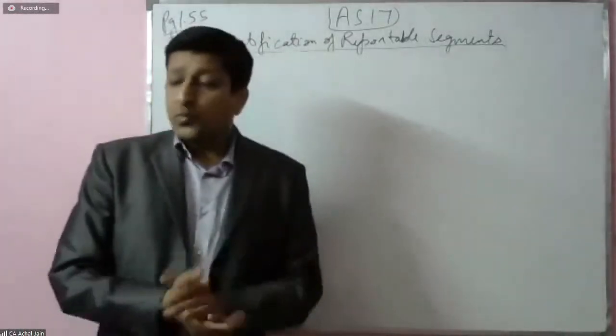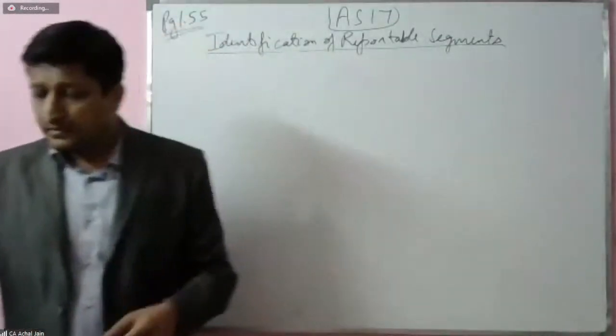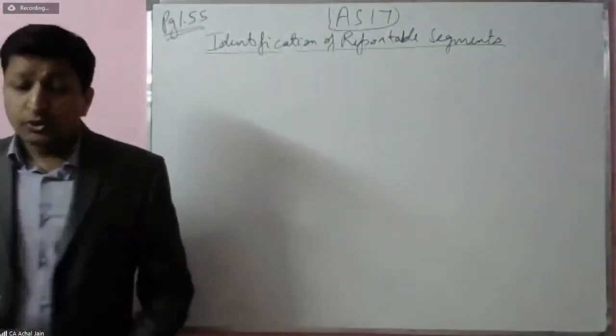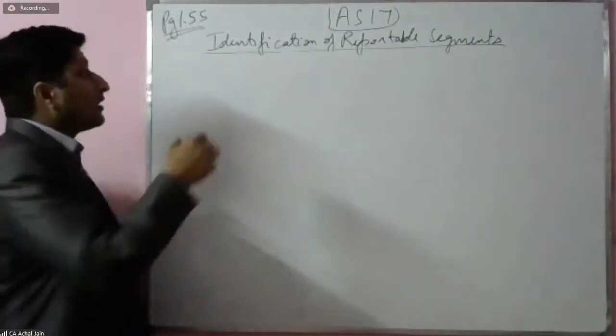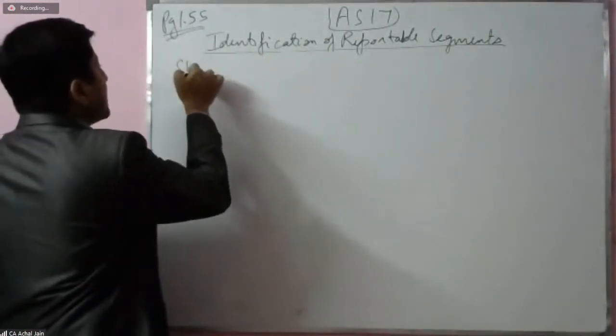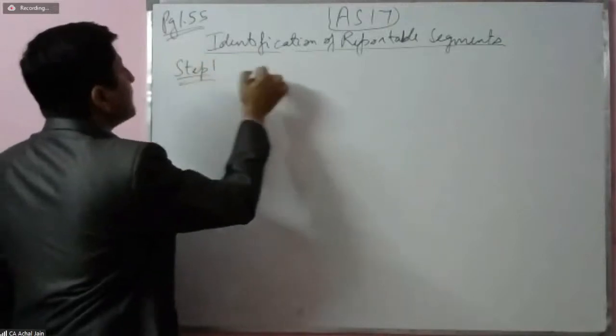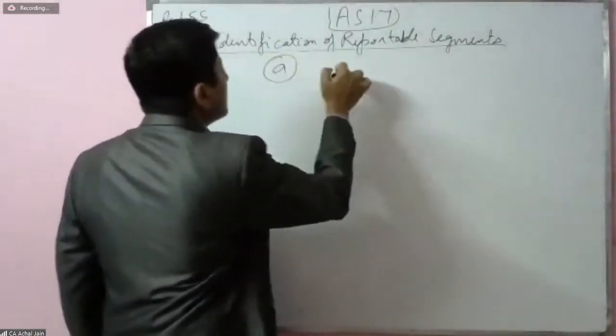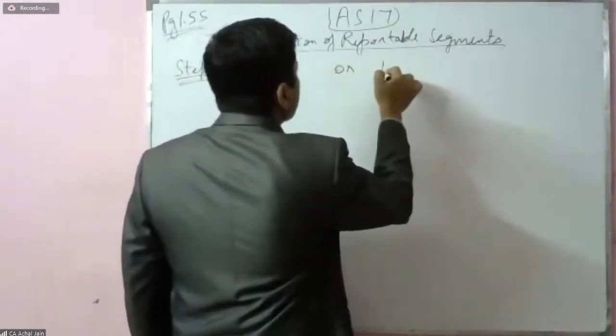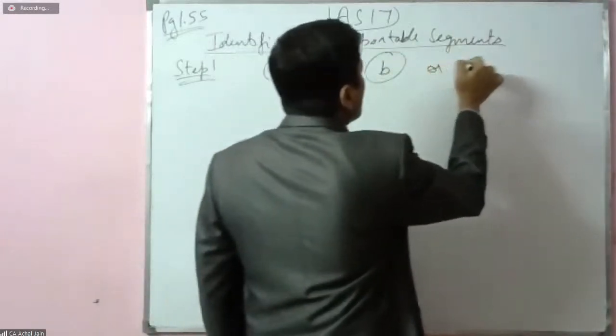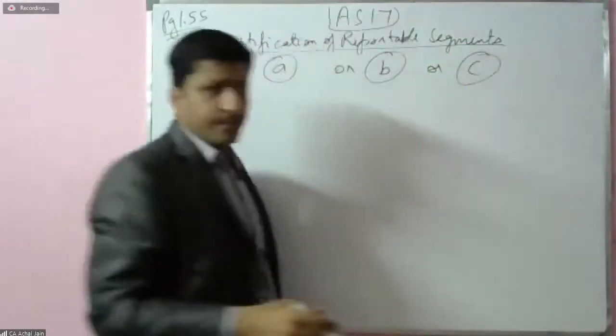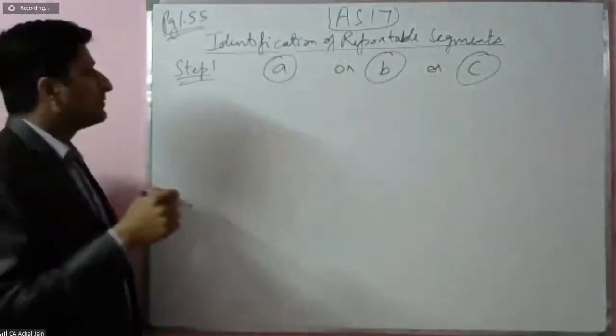Please remember one point, that we are not yet done. You can say these criteria of A or B or C was the step 1.